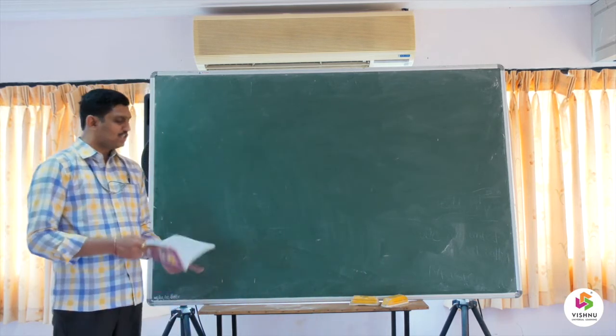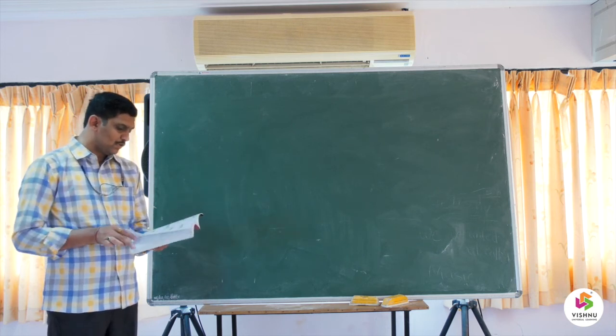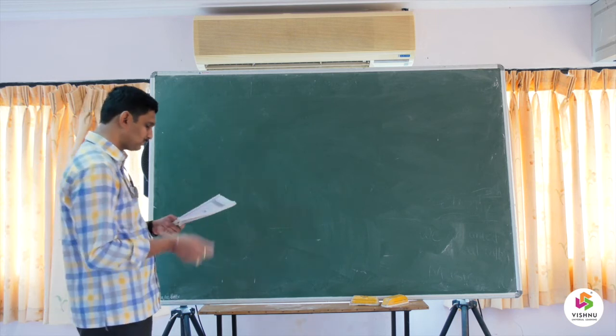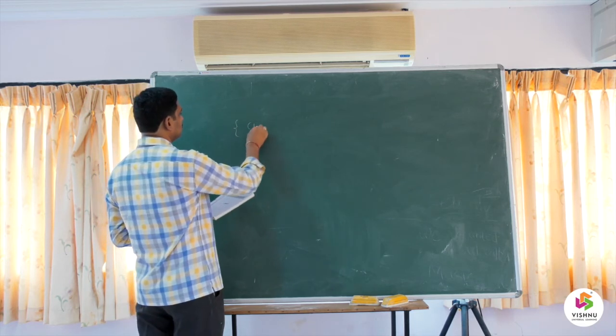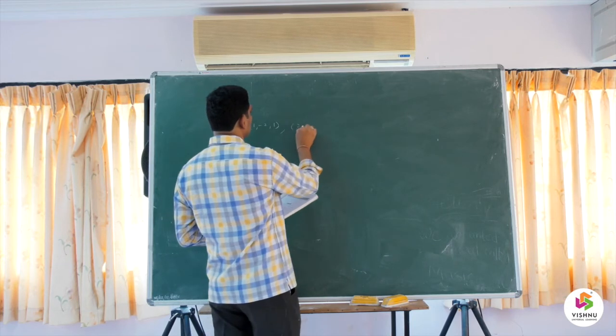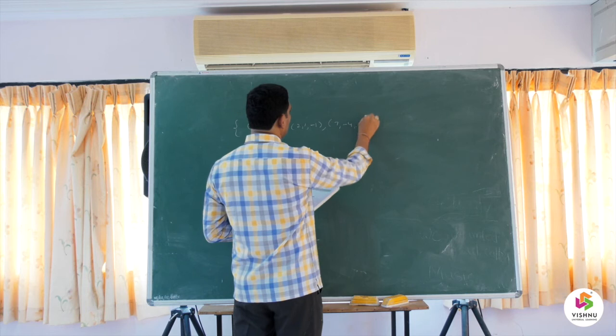Right. Now I just want to give some practice problems to you. You try to solve them and come up with your ideas. So I have taken the following sets of vectors: 1, minus 2, 1; 2, 1, minus 1; 7, minus 4, 1.